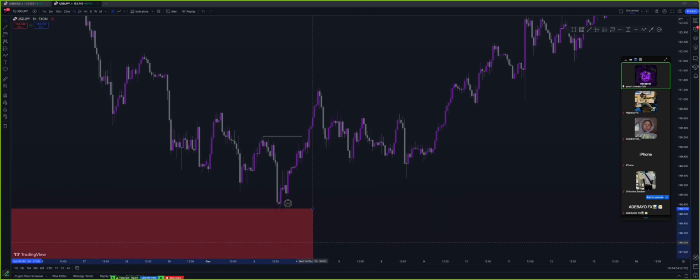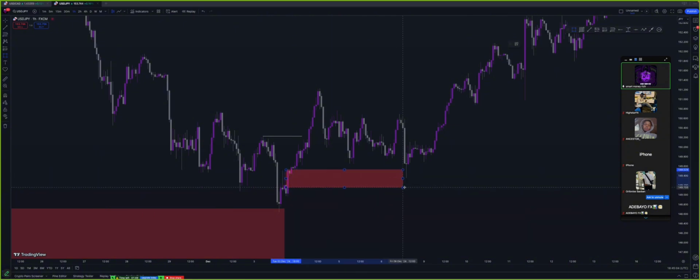After the mitigation, we then see this impulsive move to the upside. So after that impulsive move to the upside, what do you do? You mark out the last demand zone before the change of character, right? This is exactly where your entries should be.